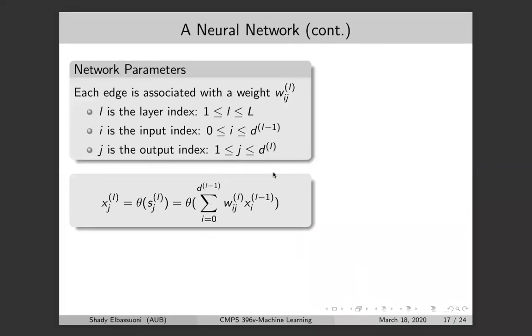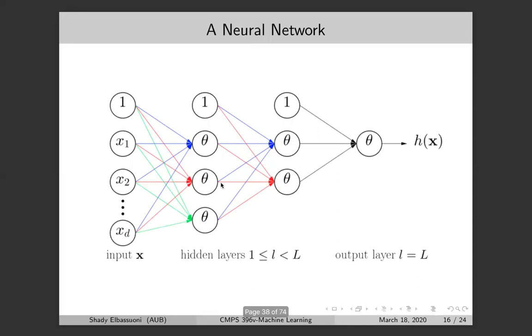Now, the input of a layer is the output of the previous layer. So let's see what this means. I have weights here. These weights are multiplied by the inputs, the x's, and summed, and that gives me a signal here.